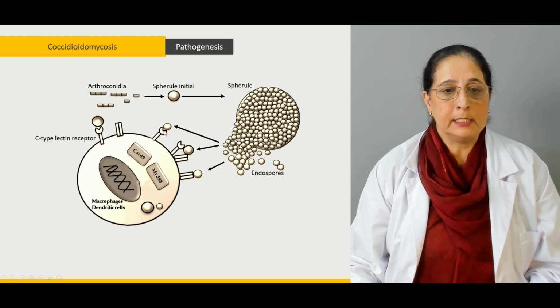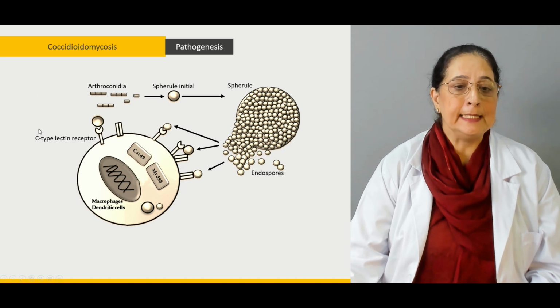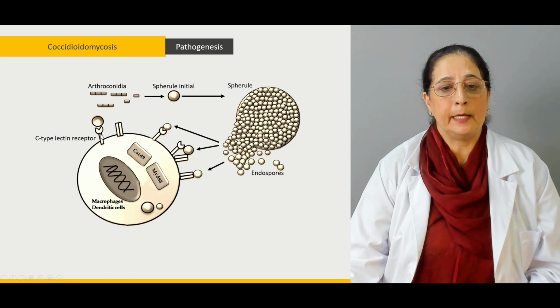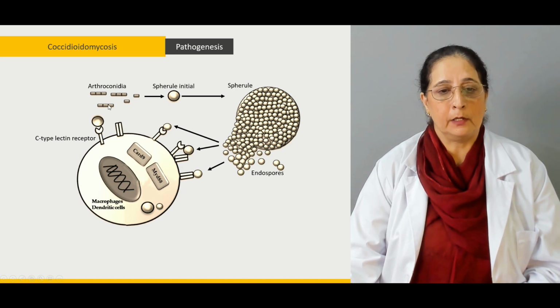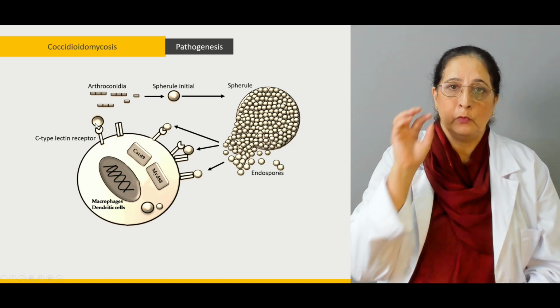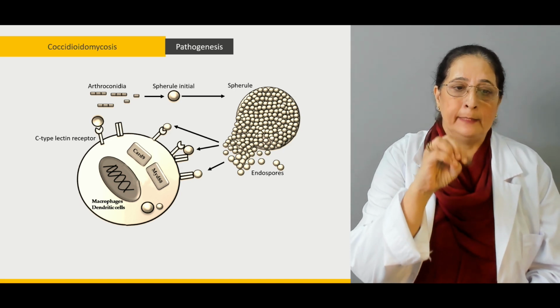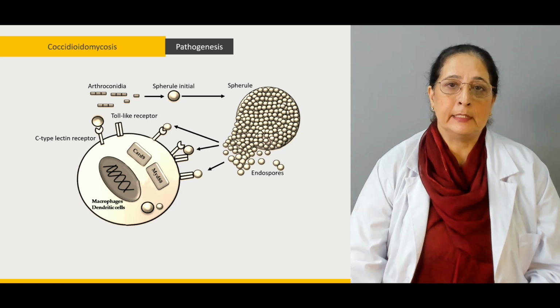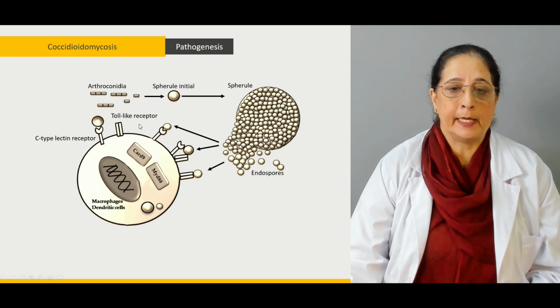Here, these are the receptors which are present. One type of receptor is the C-type lectin receptor. You can see the endospores come and attach to the C-type lectin receptor. The other receptor is the toll-like receptor.